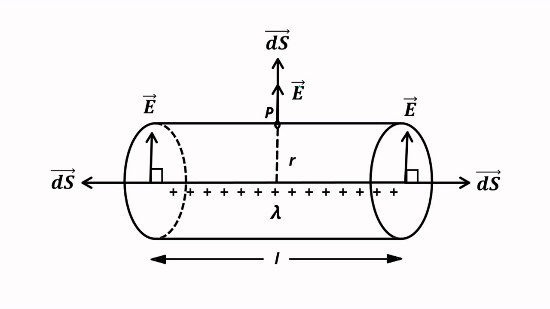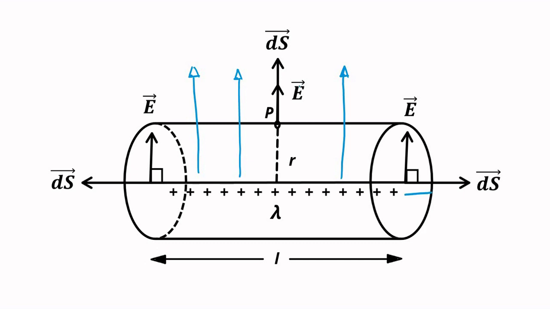So this is the end cap. We know that the electric field lines are always directed away from a positive charge, at each point. Here also like this.